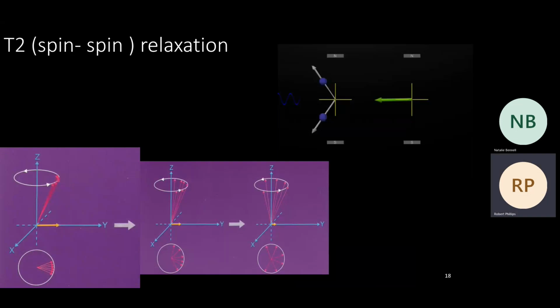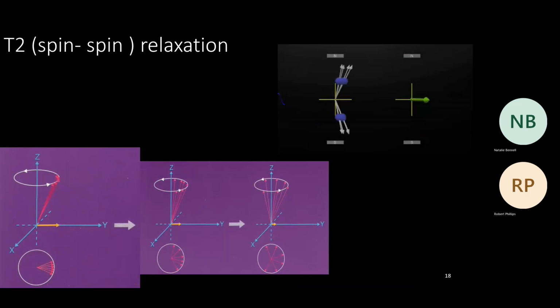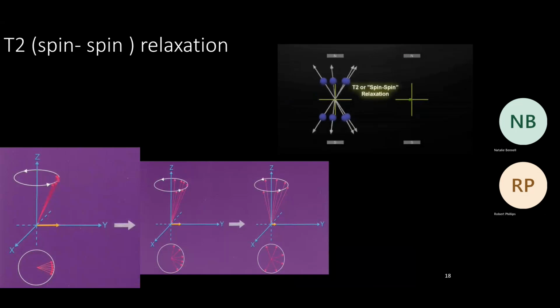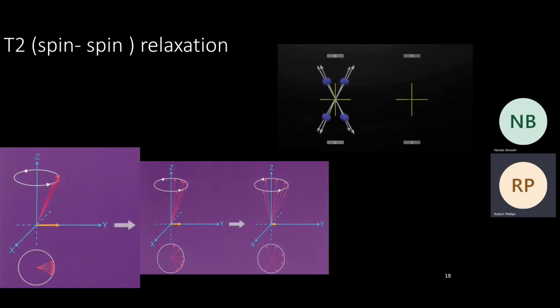Similarly, when we stop applying radio wave frequency, they are no longer synchronized here. Again, they become chaotic, and they start emitting radio frequency. And the transverse magnetization keeps on decreasing. So it's called T2 relaxation.